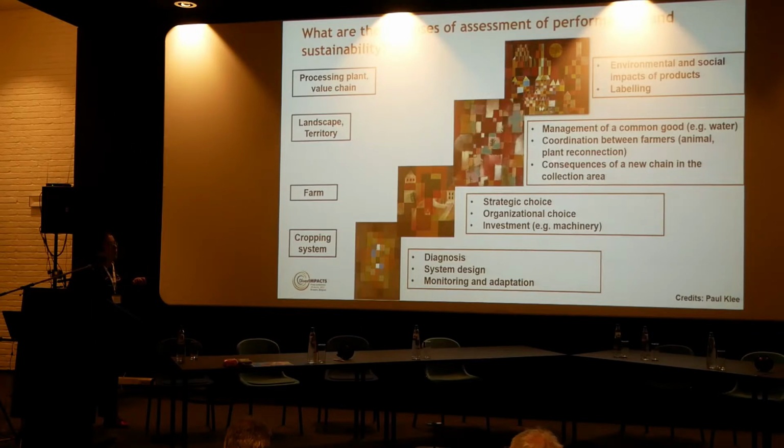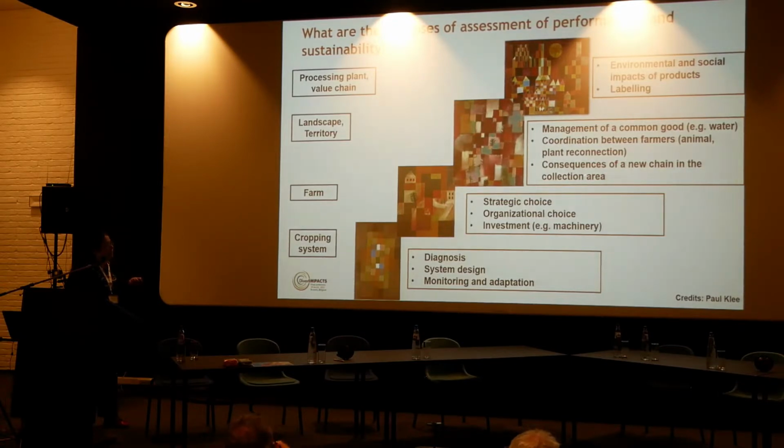It's also a way, when you evaluate at the territory and landscape scale, to evaluate ex ante, a priori, all the consequences of a new chain in a collection area. Is it possible to implement it? And what are the consequences on competition with the existing productions?